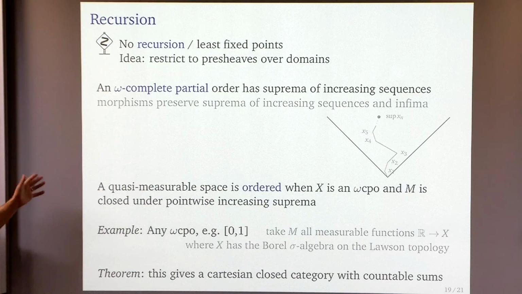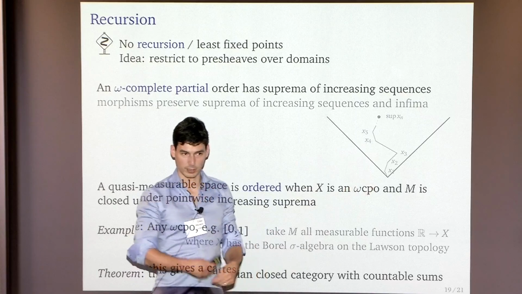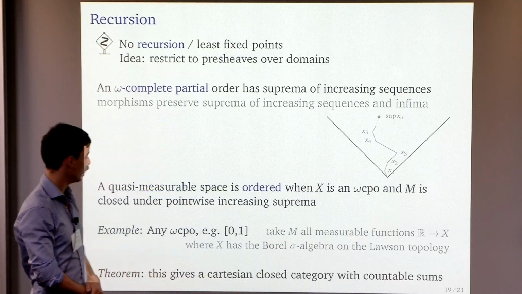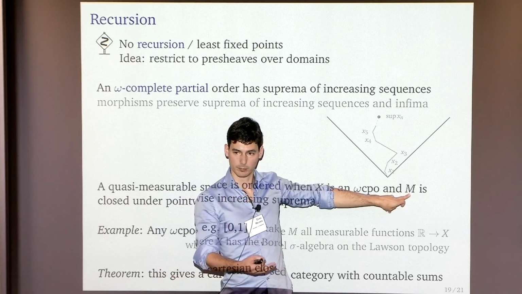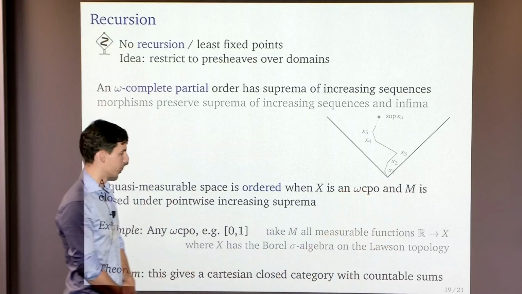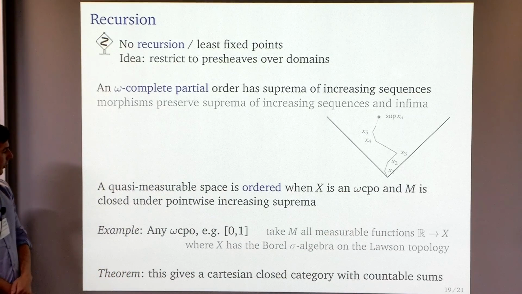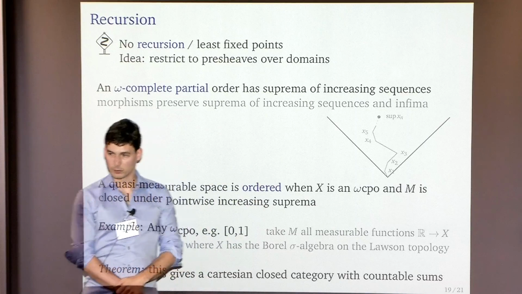Okay, so a quasi-measurable space I'll call ordered when X is not just a set, but actually one of these things, where you can compute fixed points. And moreover, this set of random elements, if you like, of X, of functions from R to X that I'll call measurable, I want it to be closed under taking least upper bounds.